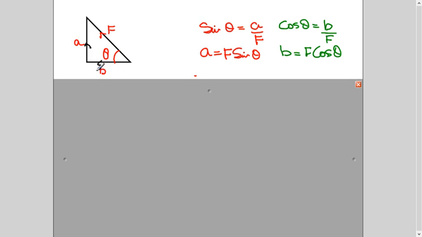Sine theta is opposite over hypotenuse, and cos theta is adjacent over hypotenuse. If you manipulate it, A equals F sine theta and B equals F cos theta. So we remember it is hypotenuse times cos theta for adjacent, and hypotenuse times sine theta for opposite. Remember this because I will make use of it in the question.